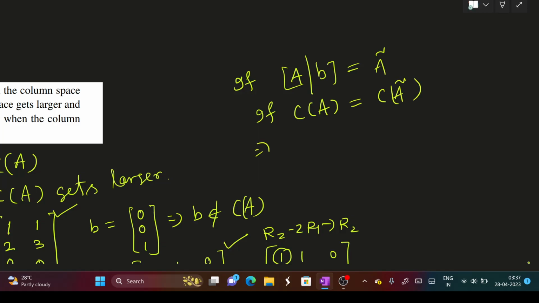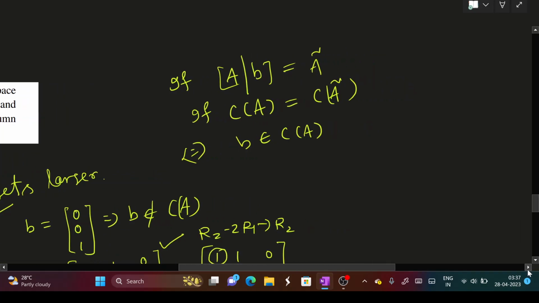That implies, and is implied by, B belongs to C of A. So if B belongs to C of A, that implies and is implied by the system of equations having a solution.